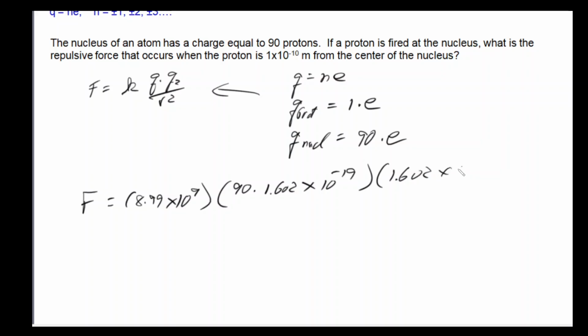1.602 times 10 to the minus 19th, over r squared, and we're told that it's 10 to the minus 10th meters. So that would be 10 to the minus 10 squared.